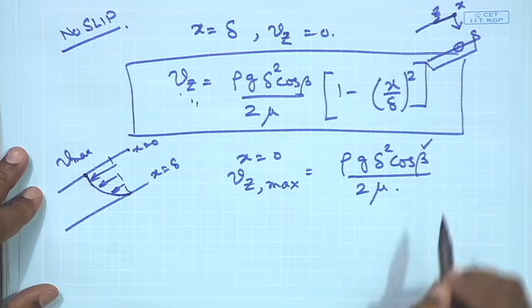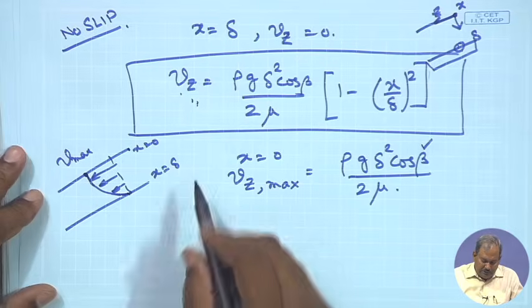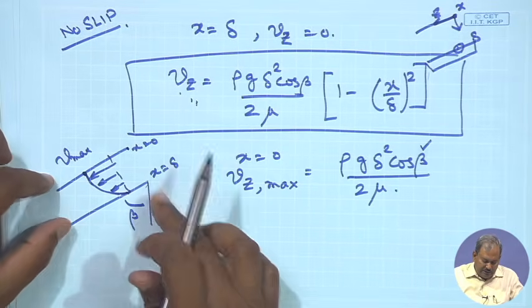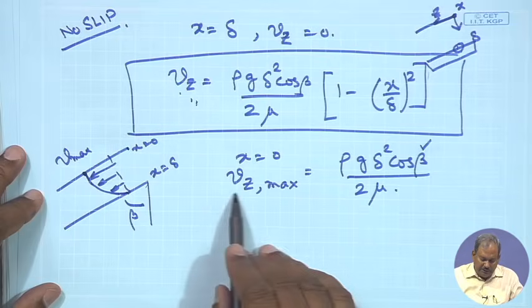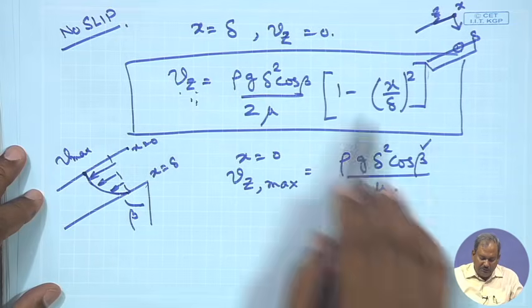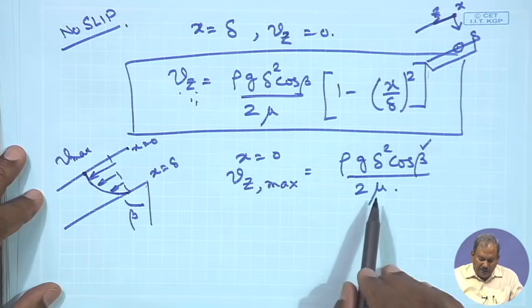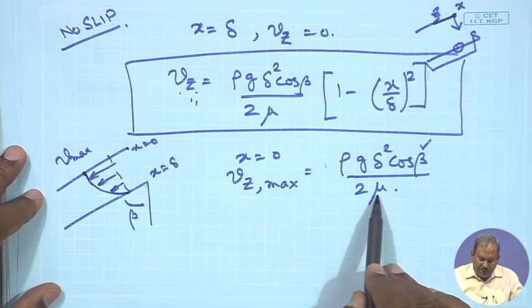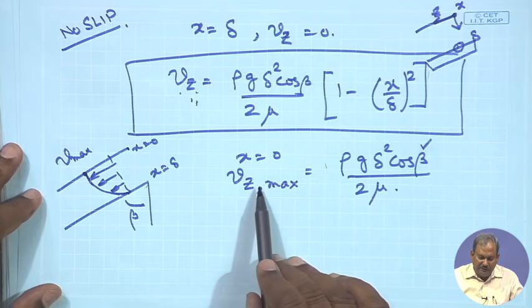So, let us see what happens if you increase beta. That means, if you increase the angle of inclination, the velocity has to increase, which is clear over here. For a constant system geometry, if you decrease the value of mu, the velocity increases.